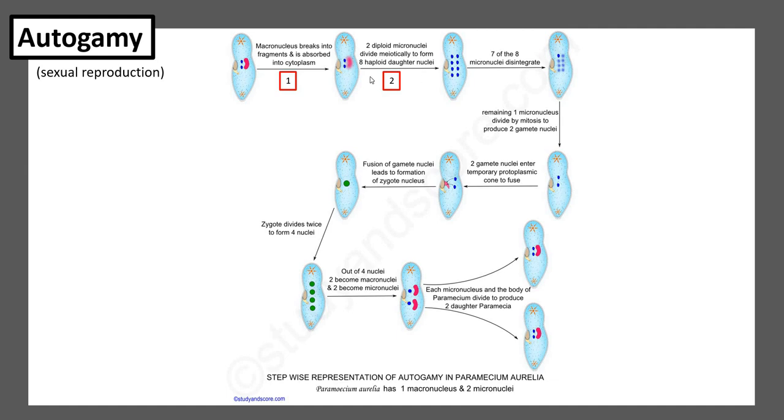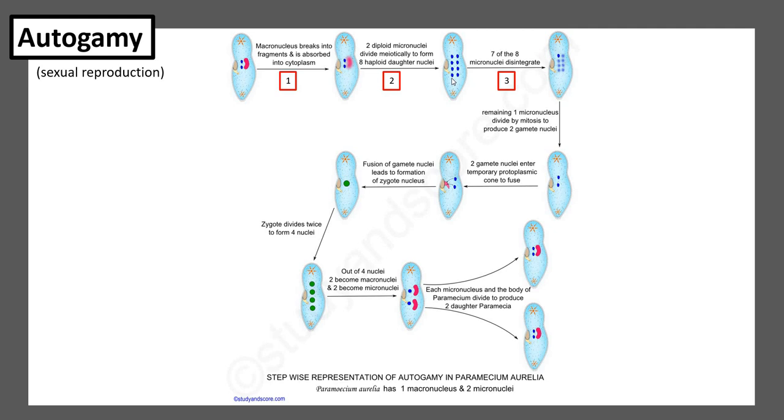So in that way, it's kind of similar. You start, each one ends up with 4. Now, you have 8. 7 of the 8 are going to disappear. Okay? So what happens is in the process of meiosis, these 8 are all different.